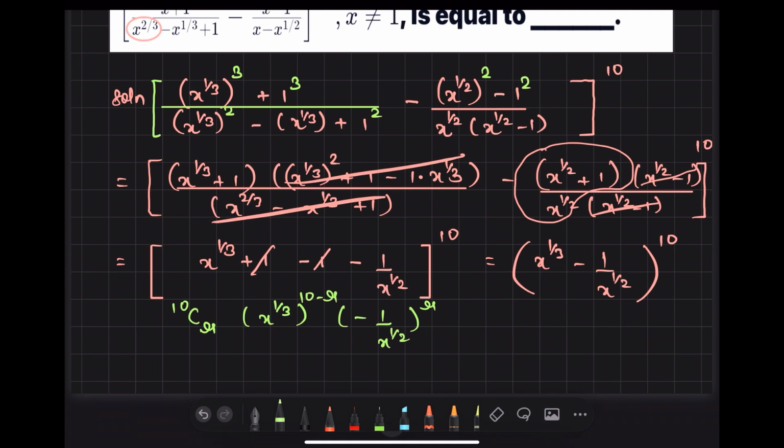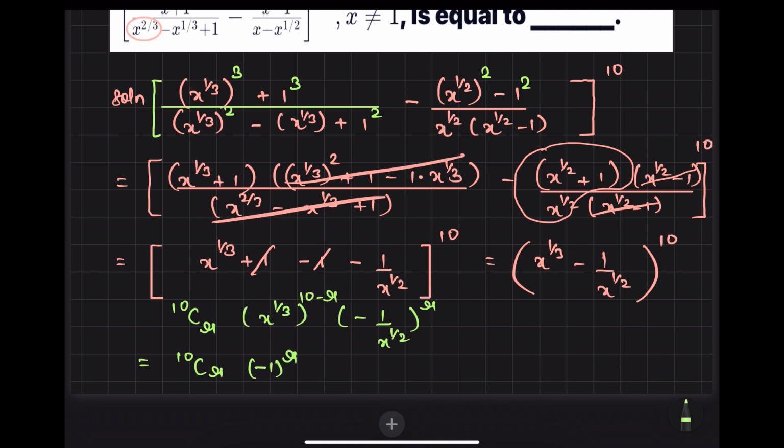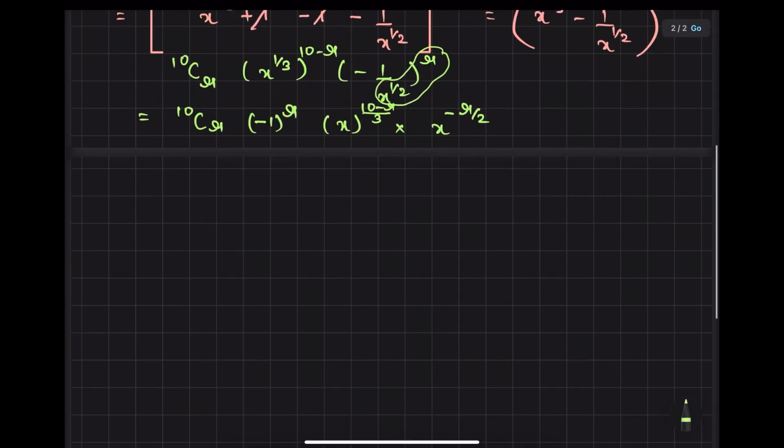Okay, now let's segregate the constants. 10 c r (minus 1) power r into x power (10 minus r) by 3, and then into x power minus r by 2. I hope you guys are okay, because this thing will become 1 by x power r by 2. Now I am sending them to the numerator, so minus sign.